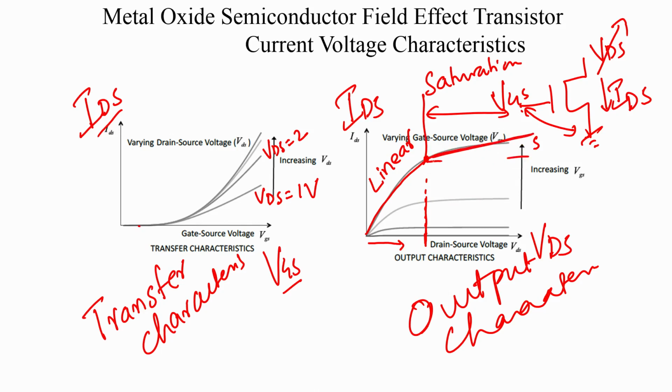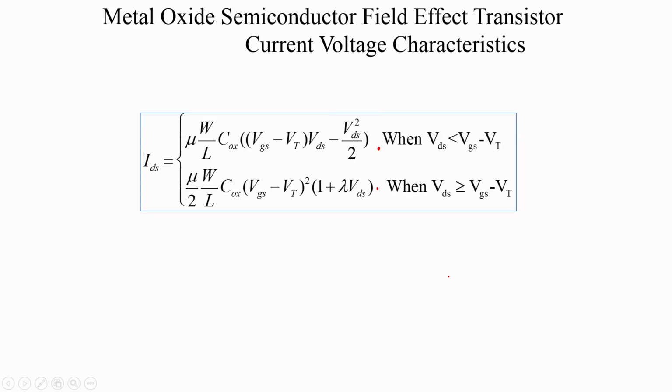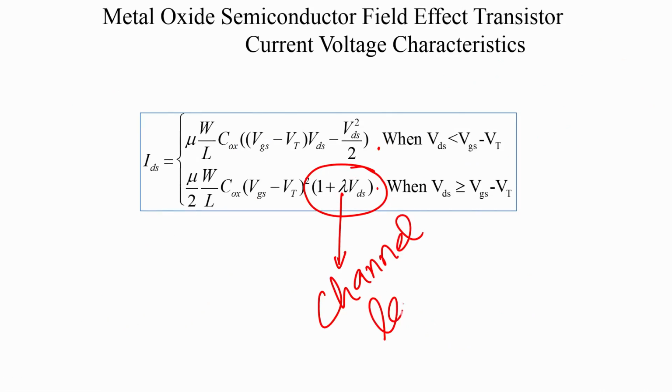So, the current does increase a little with increasing VDS, but not by too much. That is empirically added in by this little linear relation, where this lambda is something called the channel length modulation parameter.